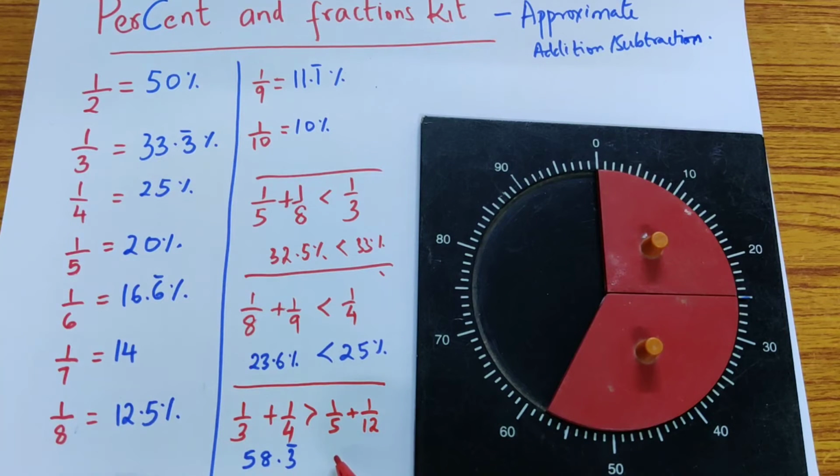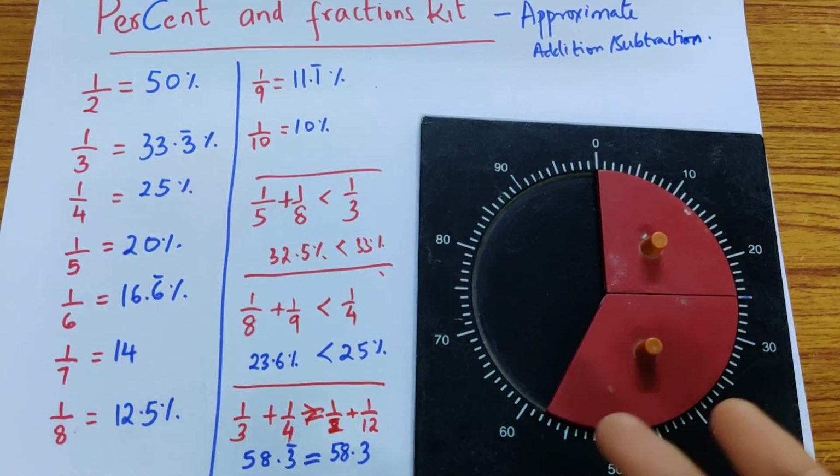So 1/2, sorry, 1/2 plus 1/12. So that's 50%, this is 8.3, this is actually equal, so this is 58.3 also. So this is not just greater than, we are actually getting these two should be equal. Right? And we can't test this because we don't have a 1/12, but we can predict it without having even a piece that we don't have.